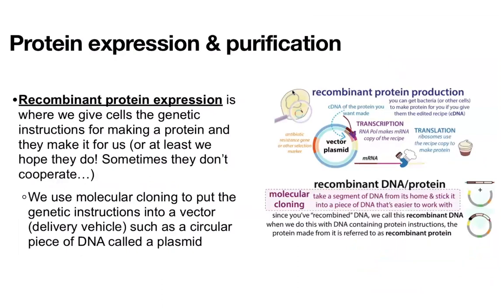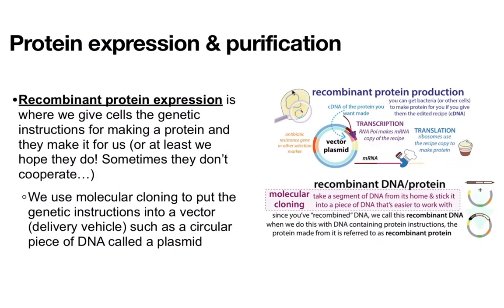Okay, so when I mentioned we can often study domains in isolation, the reason we can do this is because of recombinant protein expression. Remember, recombinant expression is where we give cells the genetic instructions for making a protein, and they make it for us, or at least we hope they do. Sometimes they don't really cooperate. But in order to give them the instructions, we can recombine the genetic instructions with some sort of genetic vector.